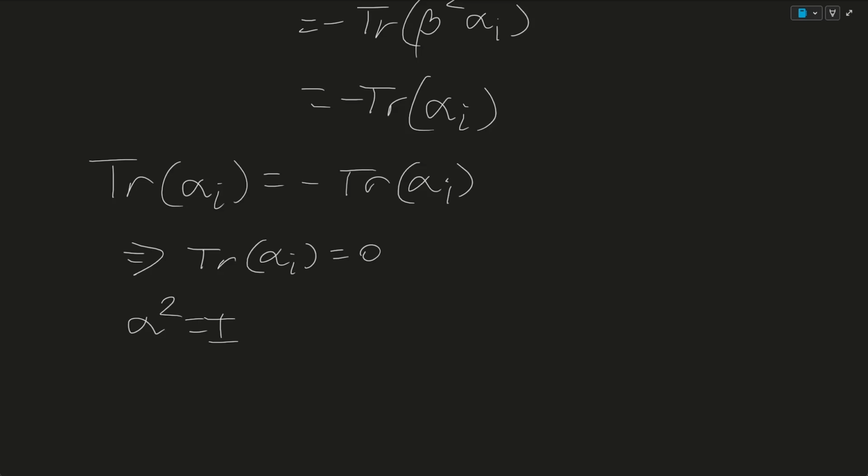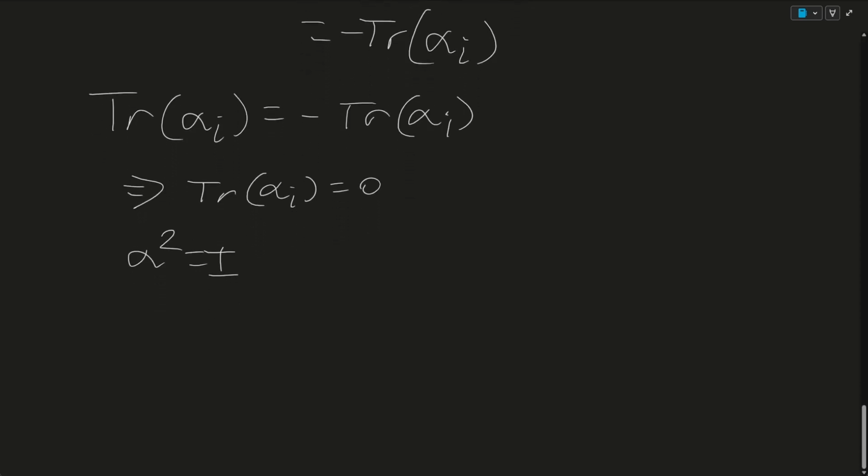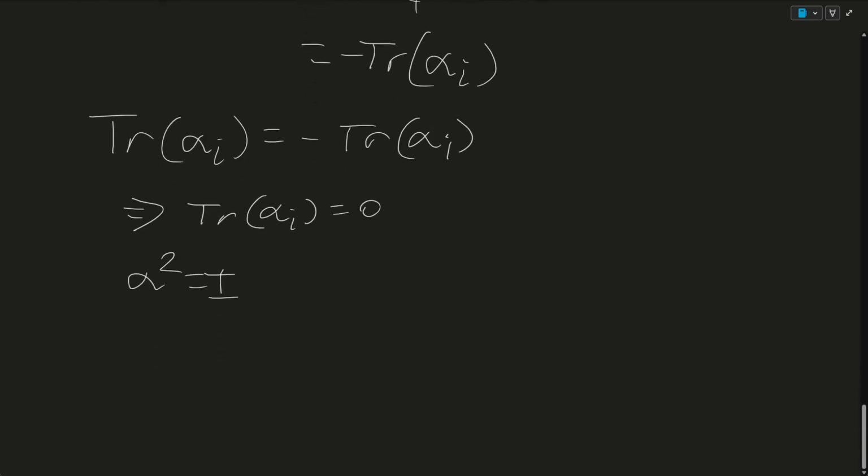And the next thing is for n equal to 2, where n is the dimensionality of the matrix. The only independent traceless matrices squaring to I are the 3 Pauli matrices, but we need 4 mutually anti-commuting matrices because we have 4 coefficients.